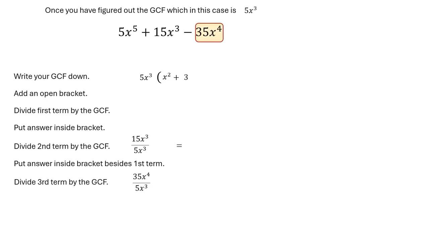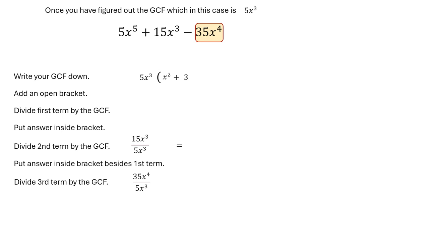Then we'll look at our second term. 15x cubed divided by 5x cubed gives us an answer of 3. We'll put that into the bracket right after the first term. And then we'll look at our third term and divide it by the greatest common factor.